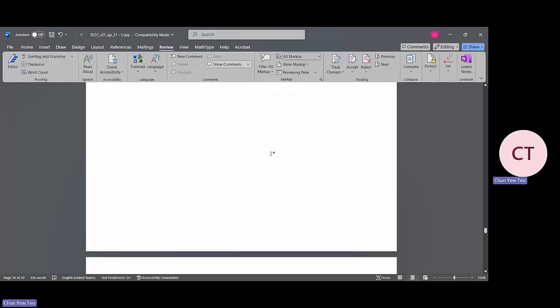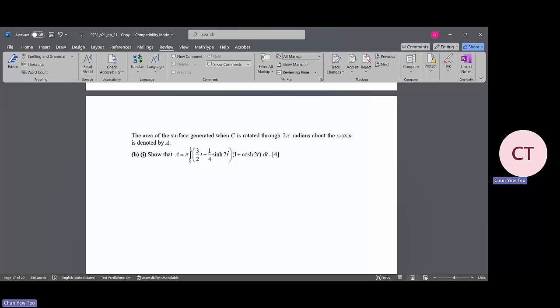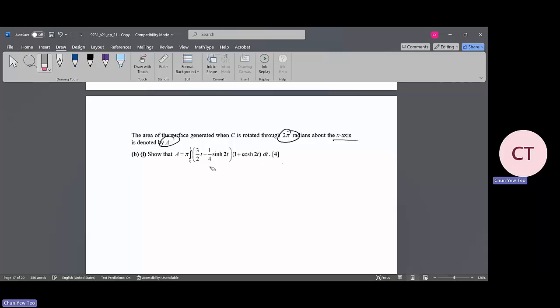Then for part B, we are looking for the surface area generated by 2 pi radians about the x-axis, denoted by A. We want to show that A can be written as this. So over here, we just need to use the formula. But before we use the formula, we need to find this expression first.